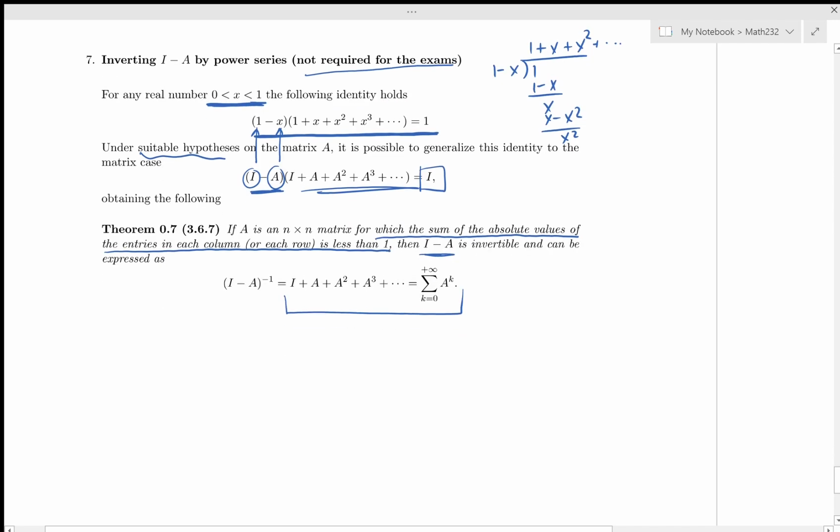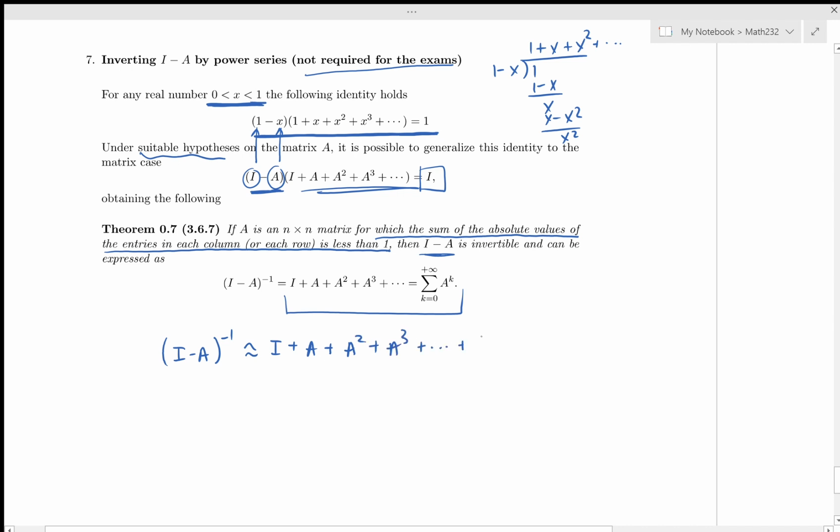Now, from a computing perspective, we are able to do this. (I minus A) to the minus 1 is approximately equal to the sum of some number of terms, as many as you want.